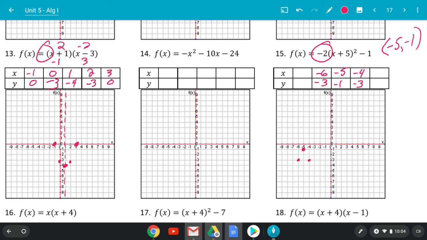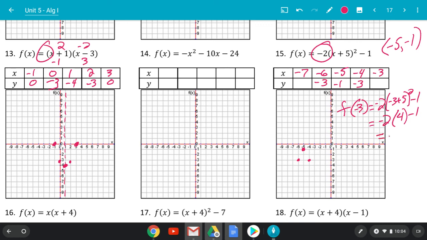And those values are -3. Good. I need one more value. I'm going to use -3, and on the other end will be -7. So I'll plug in -3. f of -3 is -2 times -3 plus 5 squared minus 1. All right. -3 plus 5 is 2. 2 squared is 4. -2 times 4 is -8.